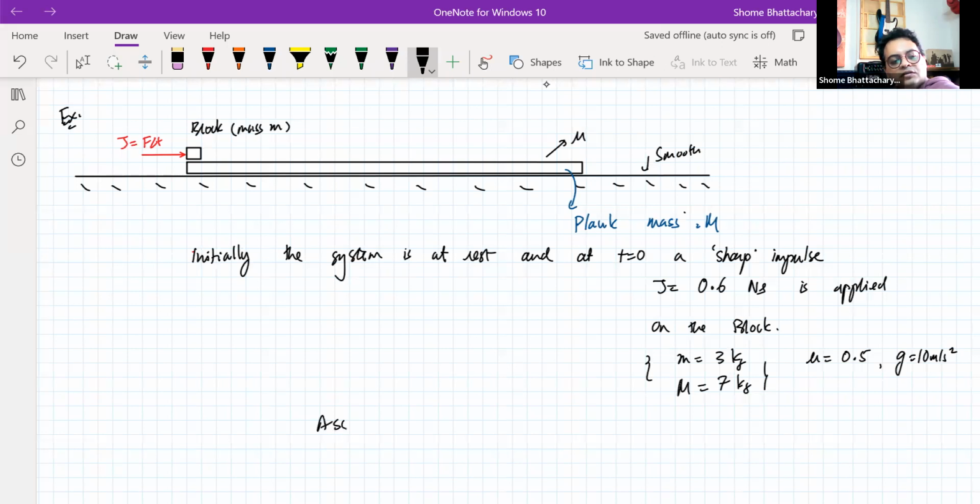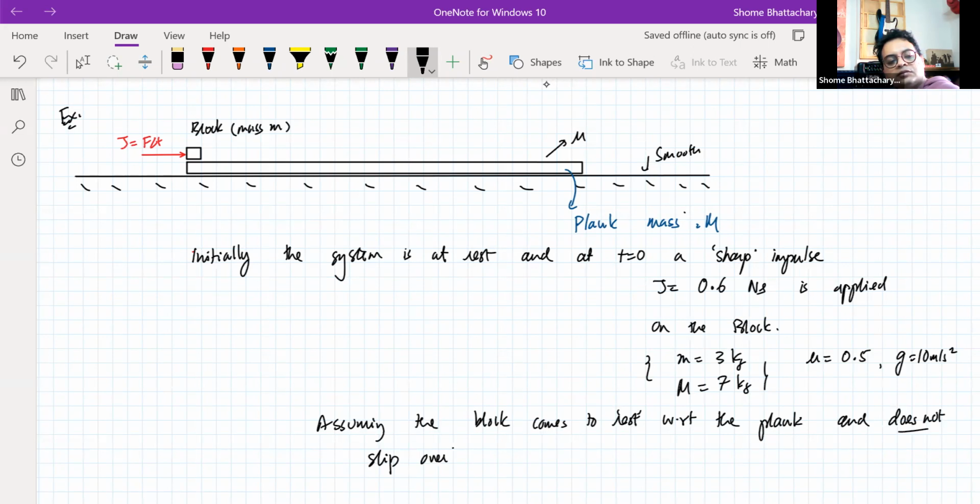So assuming the block comes to rest with respect to the plank, okay, and does not slip over the edge.